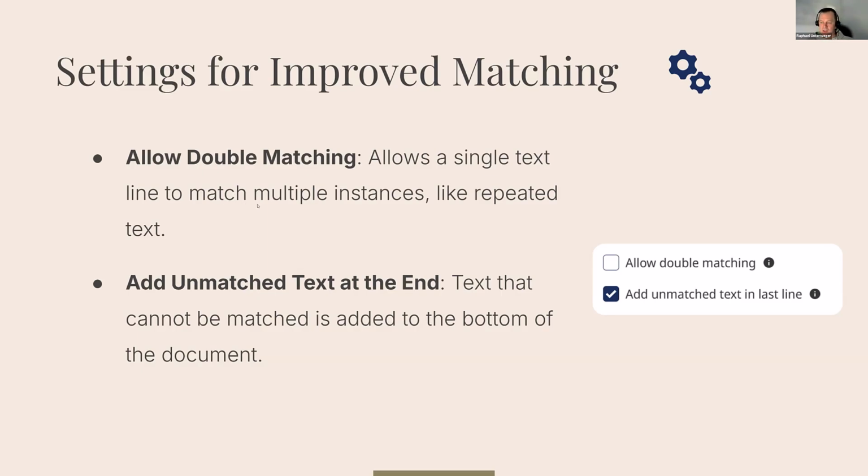And the last option is add unmatched text at the end. This is a feature we use to help you get the unmatched lines of your transcript into Transkribus.